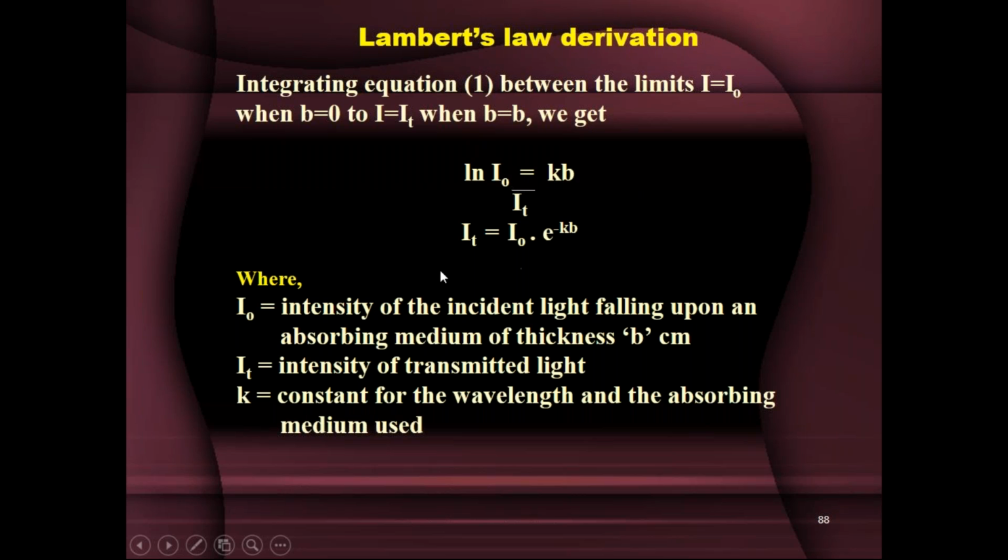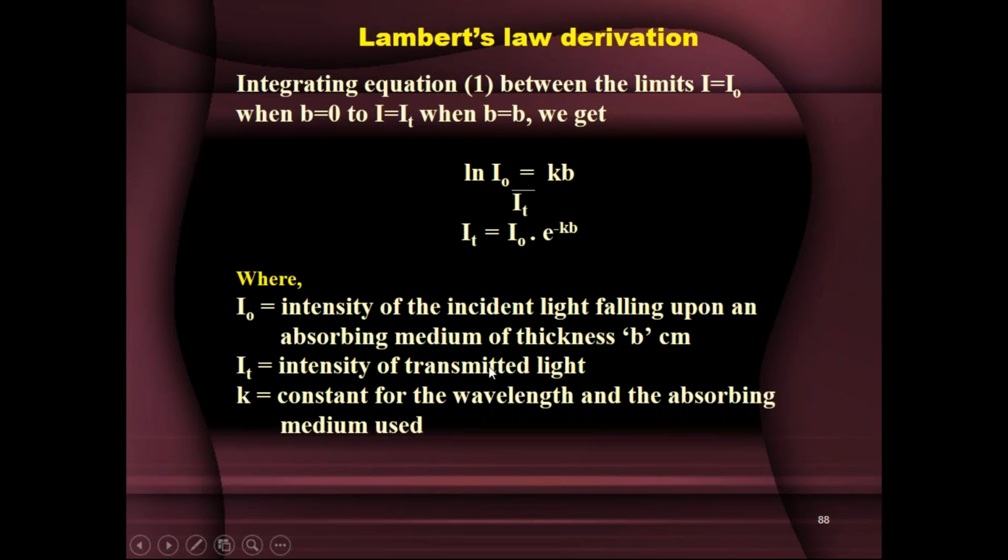You remember the ln signs, then you can raise it as a power, e raised to minus kb. So you will ultimately get, because ln of IT equals ln of I0 minus kb, therefore IT equals I0 into e raised to minus kb, where I0 is the intensity of incident light falling upon an absorbing medium of thickness b centimeter.